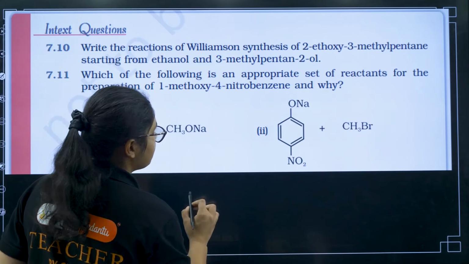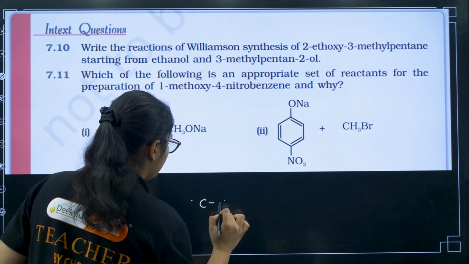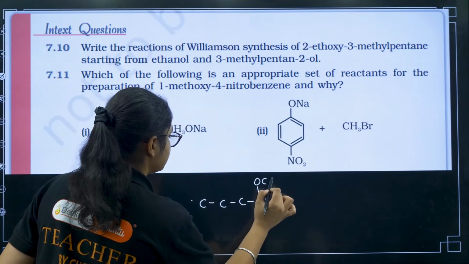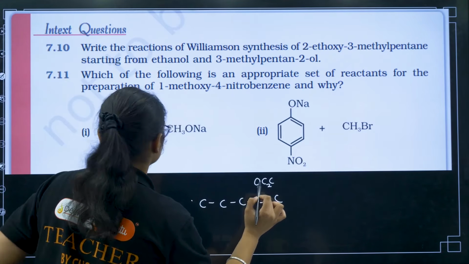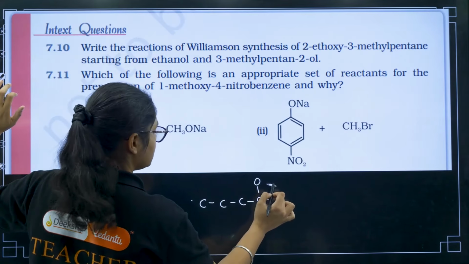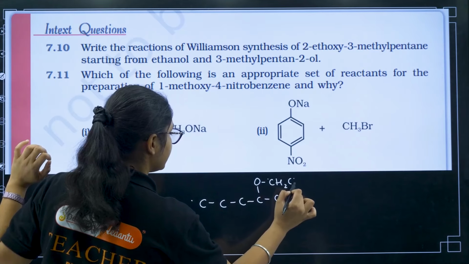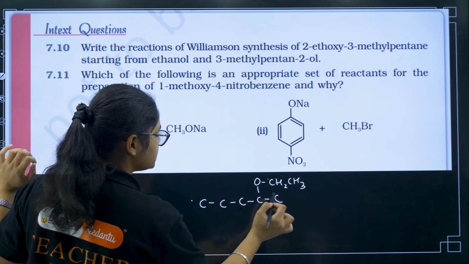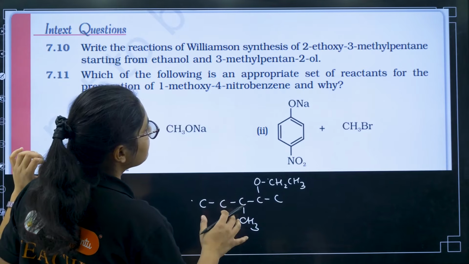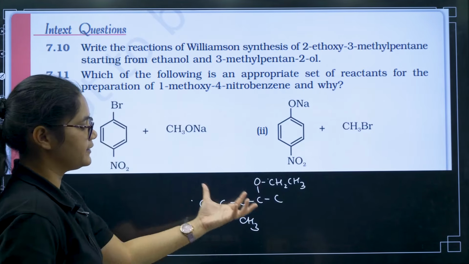So it is CH2 CH3. At the second position it is ethoxy, third position it is methyl. 2-ethoxy-3-methylpentane structure is like this.